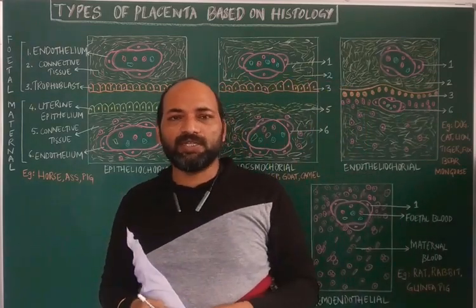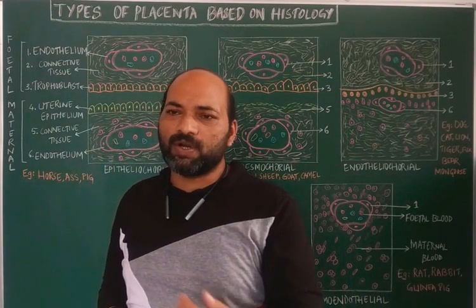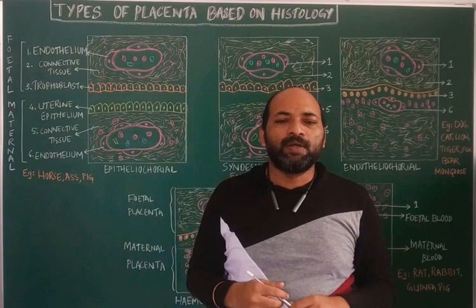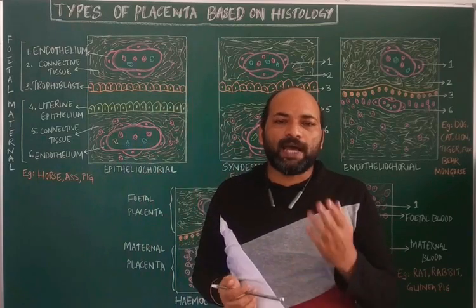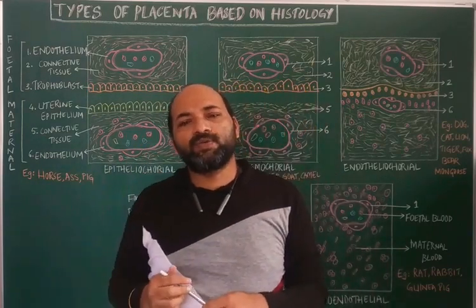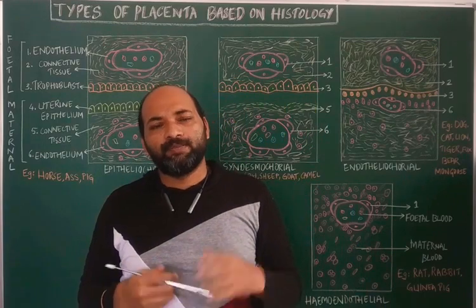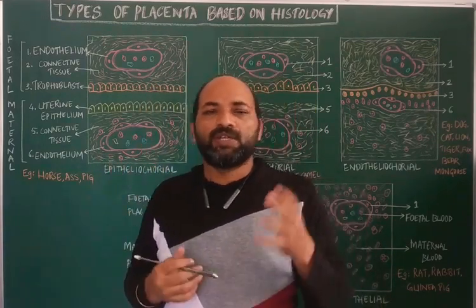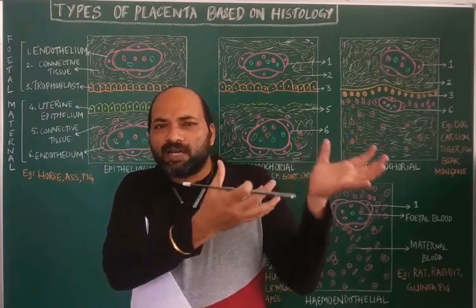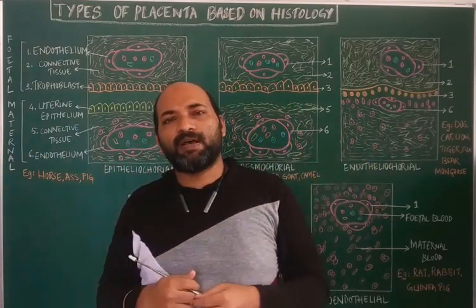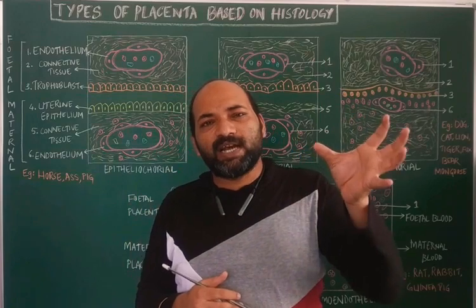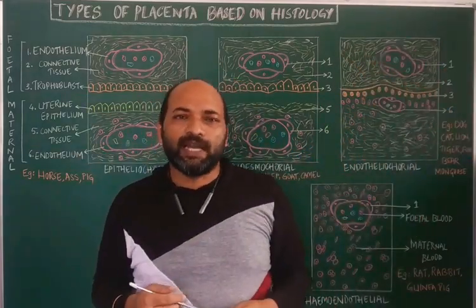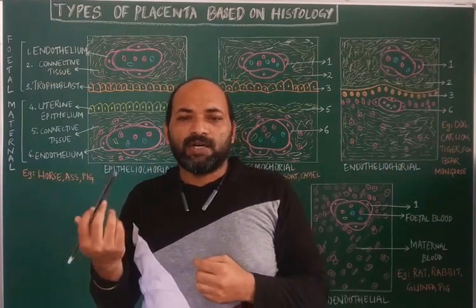Thereafter, based on the fate of the uterine placenta, the placenta is categorized into three types. The first one is called the non-deciduate placenta, in which no part of the uterine placenta is shed. In human beings, once the young one comes out during parturition, the placenta attached to the uterus also comes along with the young one.